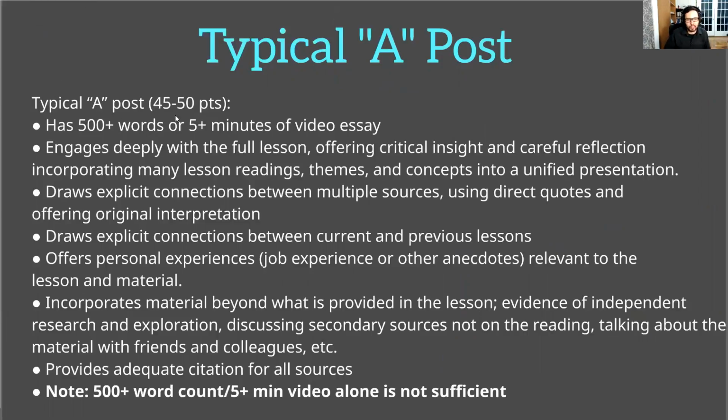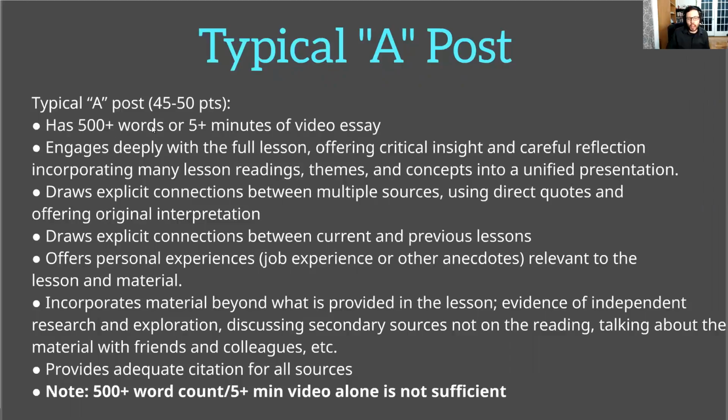What I mean by an A is posts are 45 points or greater. Posts are at most 50 points. So if you're earning between 45 and 50 points, you're doing well on the posts. Doing well on the posts, to my mind, means somewhere around 500 words or a 5-minute video essay.